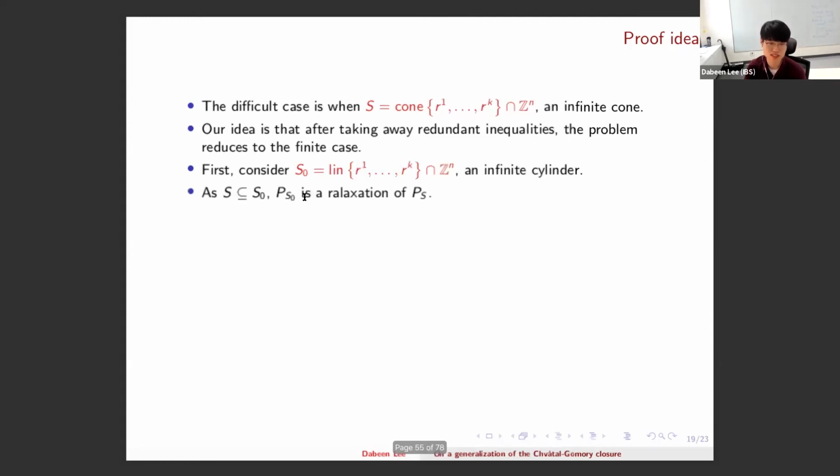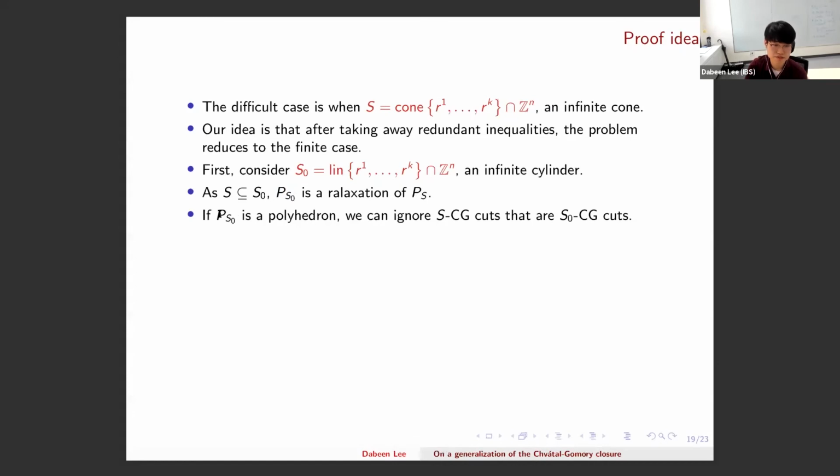Because this set contains S, the original set, the corresponding closure is a relaxation of the SCG closure that we want to look at. So if this S0 CG closure is a polyhedron, then you can ignore SCG cuts that are S0 CG cuts that do not cut off any point from this.